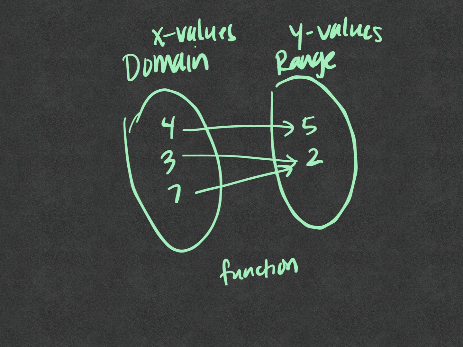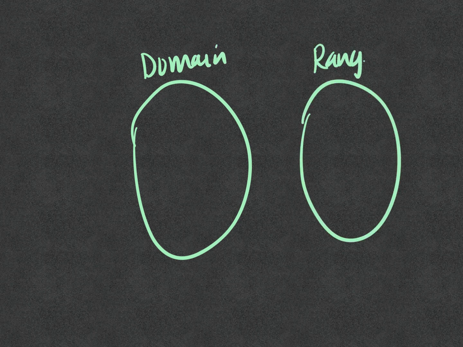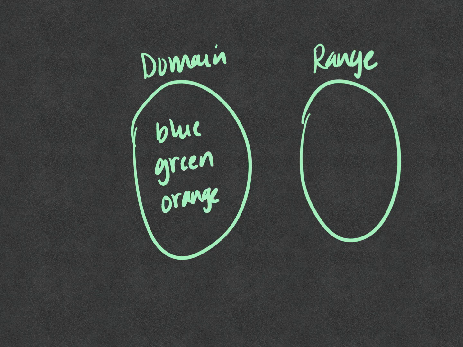So let's set up another one. Here we have domain and range. They don't have to be numbers. Let's say we have blue, green, and orange, and we're going to map them to red. Is this a function?